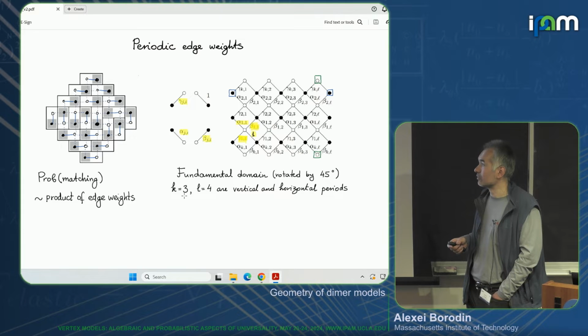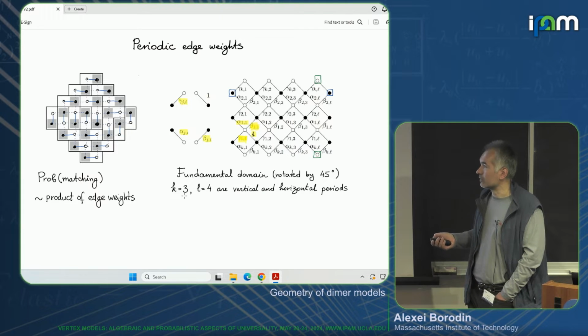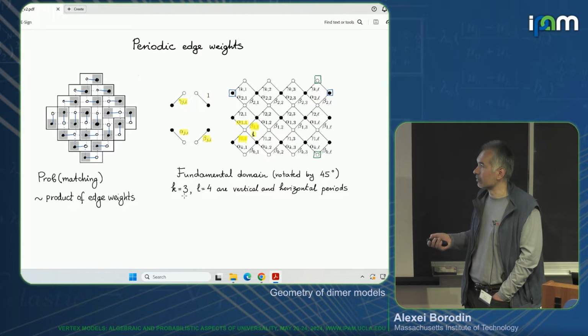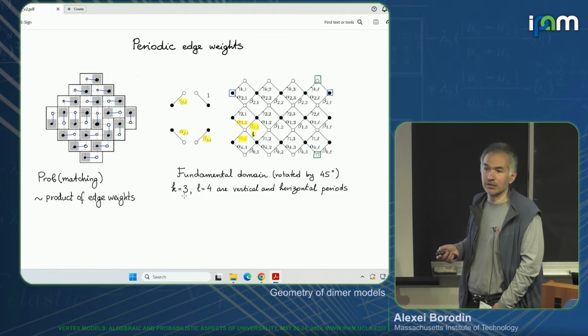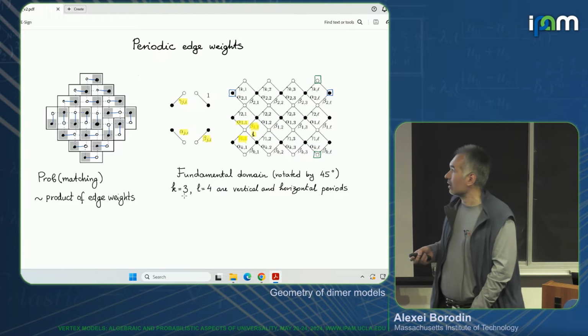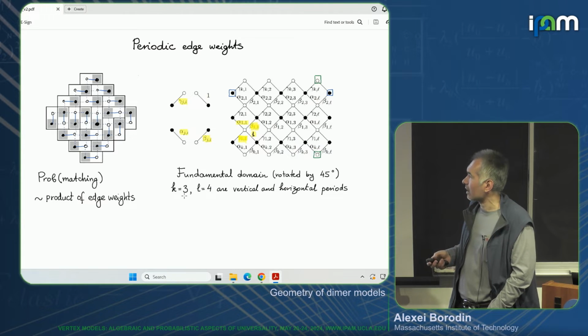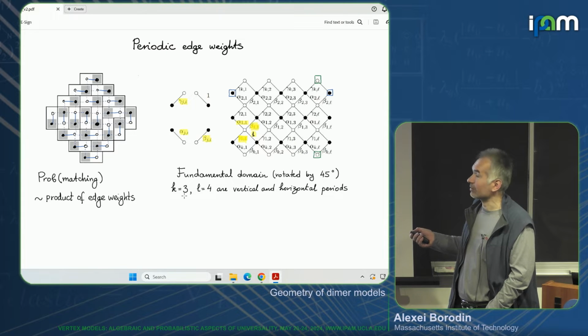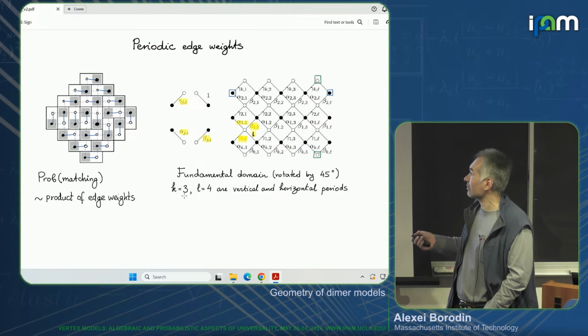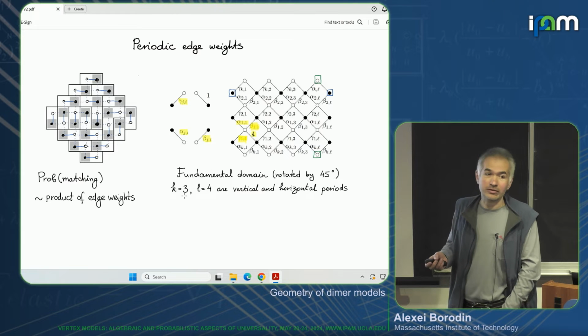To get the weight of a particular matching, I will take the product of weights of the edges that participate in that cover. And the weights are going to be arbitrary, but periodically prescribed, weights on the lattice.